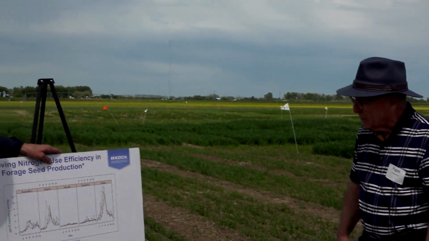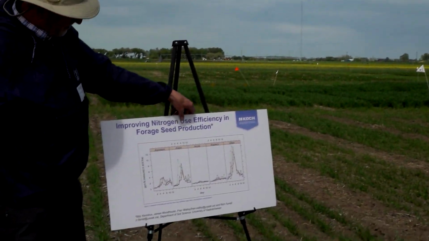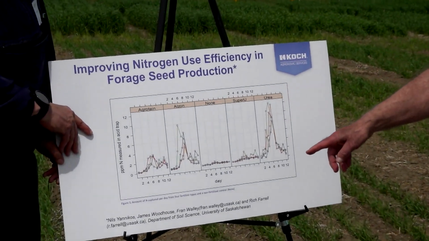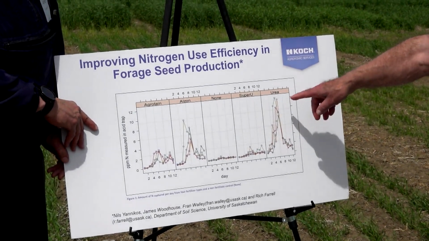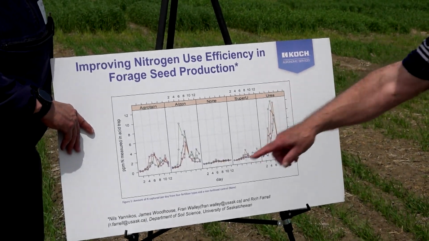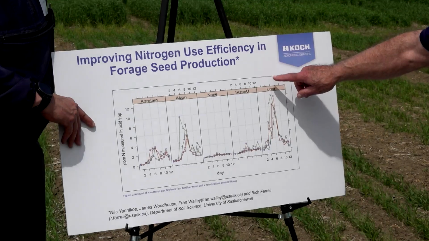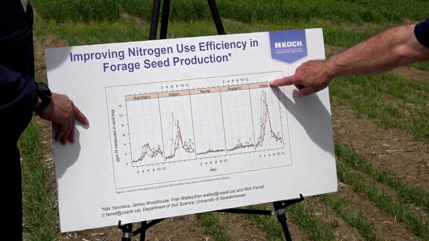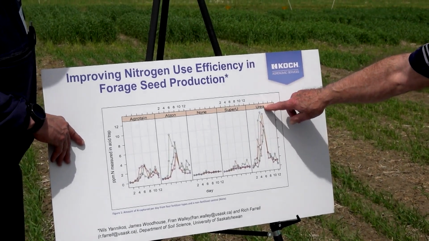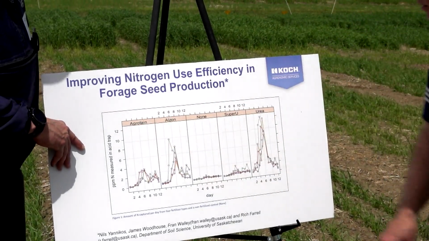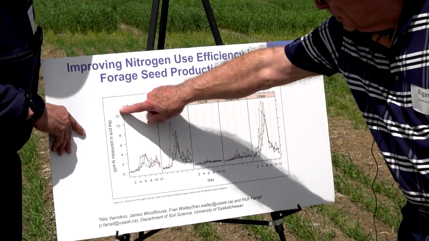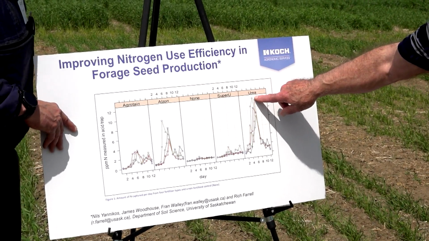So this is an example from a PhD thesis from the University of Saskatchewan, where the fellow who did his PhD, he was from Finland, Nils Janikos. He measured the losses by broadcasting urea, and you can see they were up to 12 parts per million, huge losses.